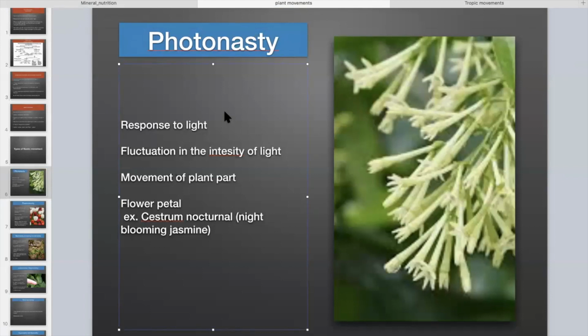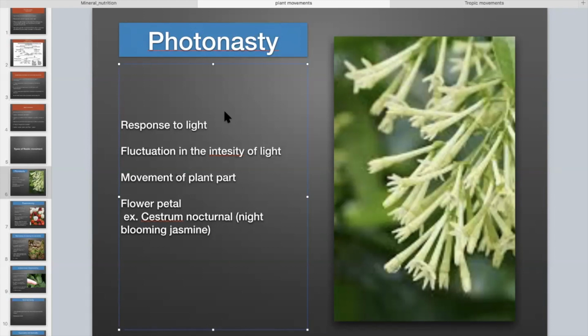This type of plant movement is called photonasty. There is always a change in the intensity of light. In the morning, sunlight may be different; in the afternoon, it may be different; and in the evening, it may differ. According to the fluctuations in intensity of light, the movement of the plant organ takes place.